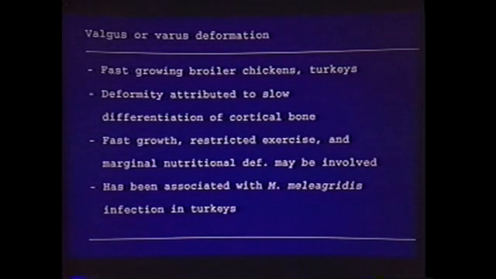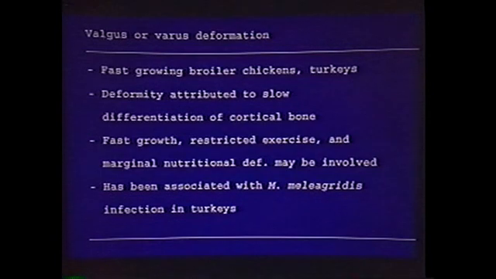Faster growth: these birds are growing very fast, so there is so much weight on these bones. Maybe restricted exercise, as there are so many birds in the same area. Maybe there is a marginal deficiency; many ingredients have been suggested, several vitamins and minerals and so forth.